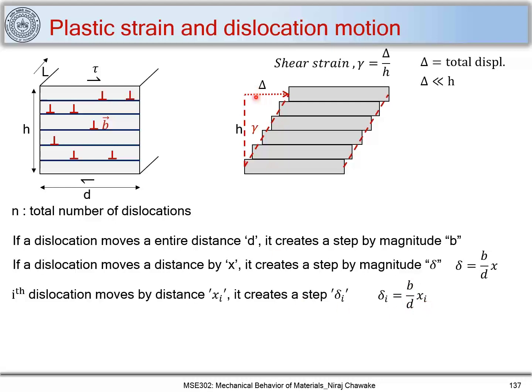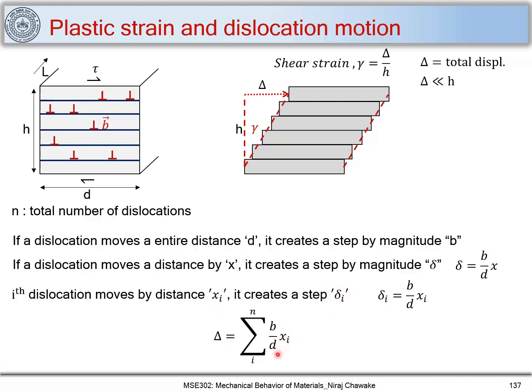Now the total displacement can be written in terms of delta i, and this delta will be the summation of all these delta i for n dislocations. So we have a summation from i equals 1 to n of b upon d into xi, which is nothing but these delta i steps.